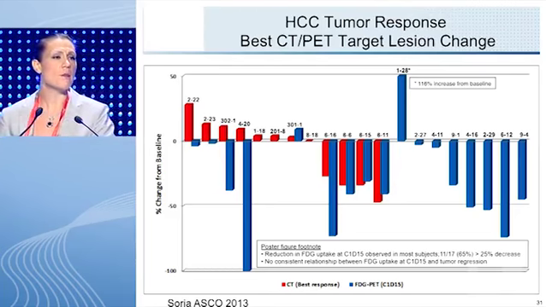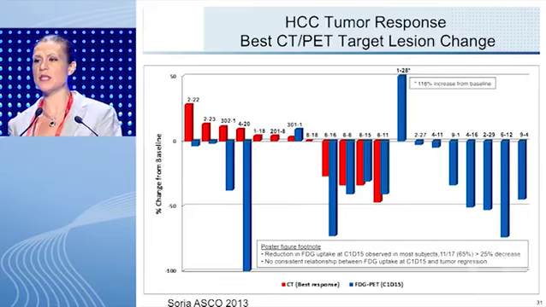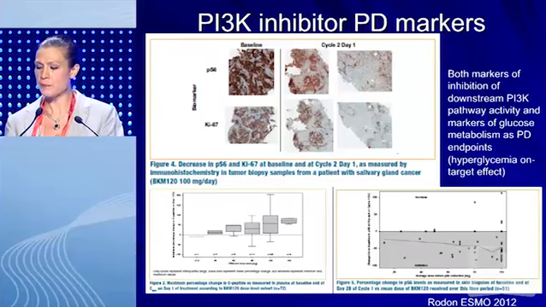This is also looking at PET scanning. As I mentioned before, hitting this pathway with these agents should decrease your SUV uptake because you're hitting the target, but we're also seeing some correlation potentially with CT decreases from baseline to also use this potentially to predict who might respond to agents hitting this pathway.